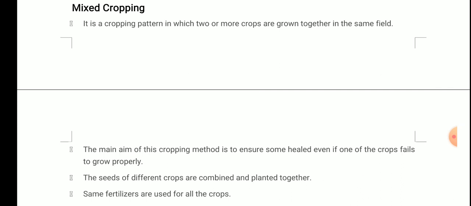Mixed cropping is a cropping pattern in which two or more crops are grown together in the same field. The main aim of this cropping method is to ensure some yield even if one of the crops fails to grow properly.